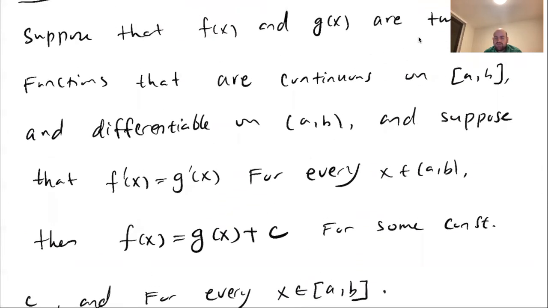So how can I relate it to the previous theorem? Always in mathematics, if we want to prove a result, we want to always try to connect it to previous results or theorems. So how can I connect it to that theorem?